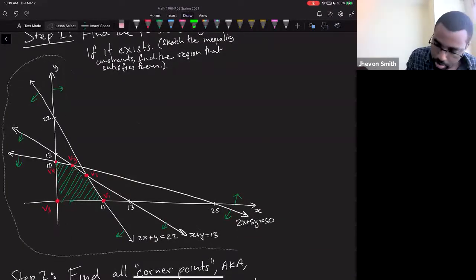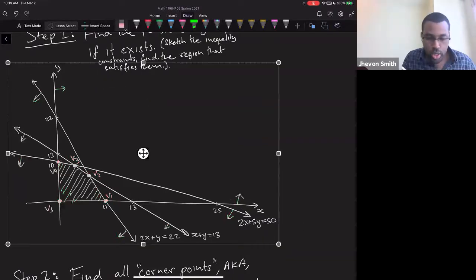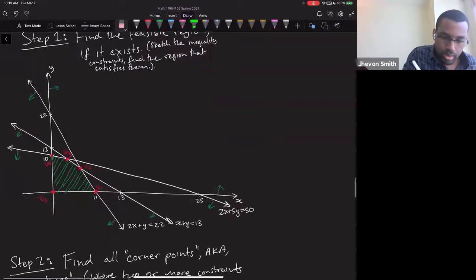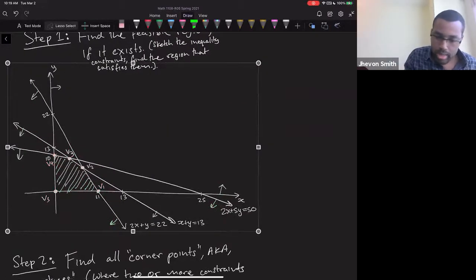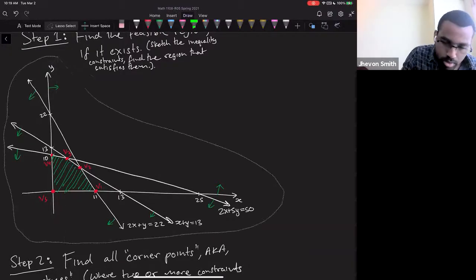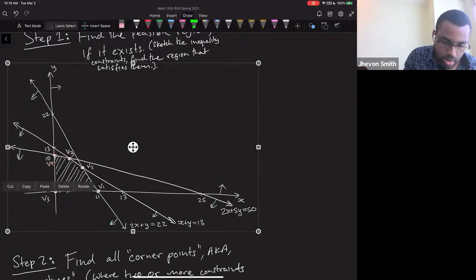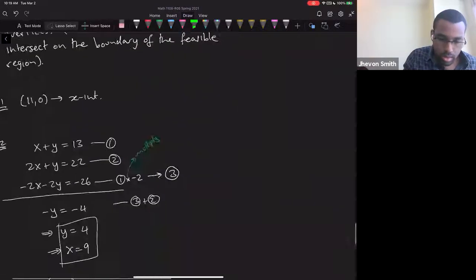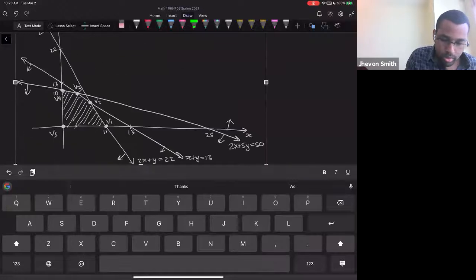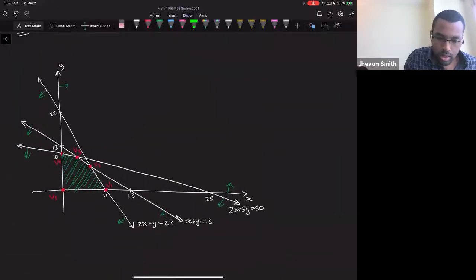So here, I'm just going to copy this picture, not because you have to draw two pictures, but just for some clarity. Copy. Down here. Paste. Okay, so now I'm going to fill these guys in.